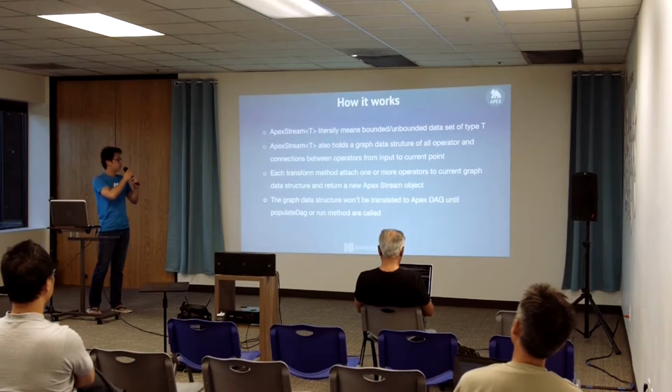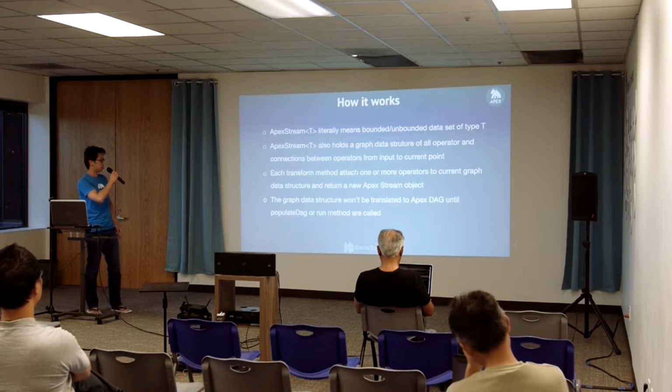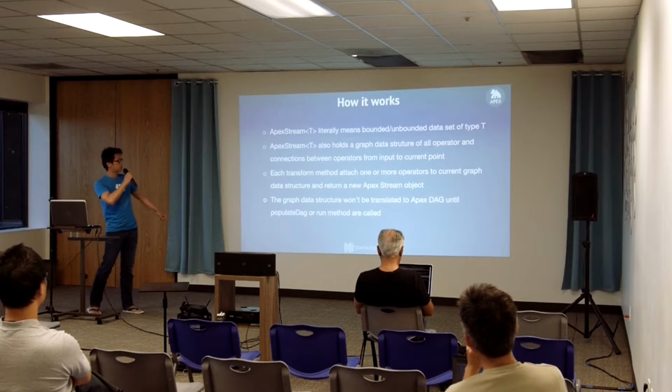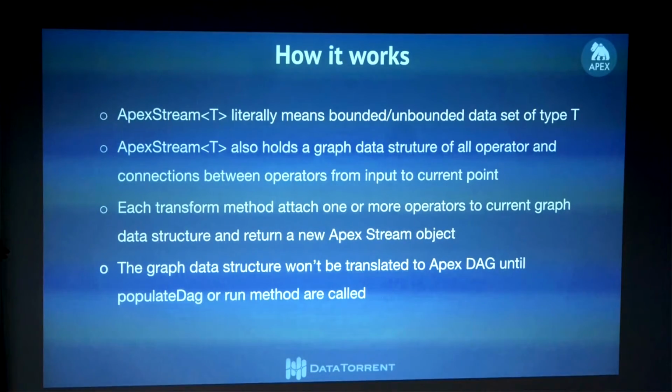If you call a transform method, like map, flat map, group by, it actually adds one or several operators, which deliver the transform, to the current graph data structure, and then returns you a new Apex stream of the type of the output.